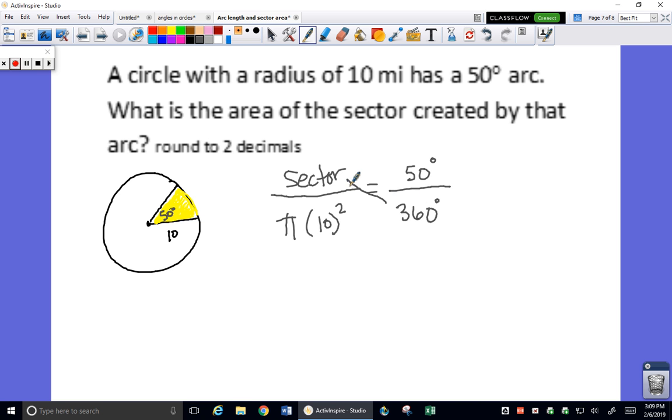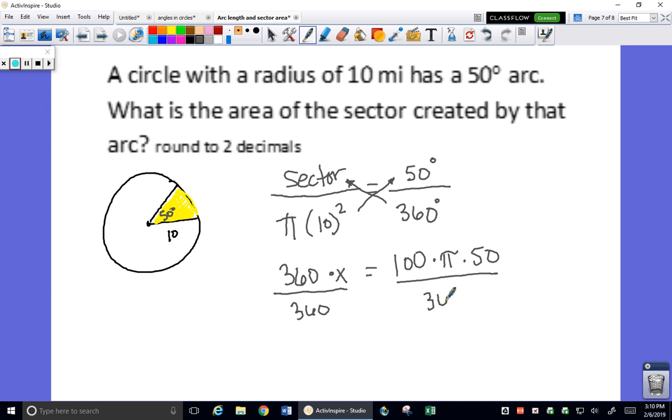Okay, so once again, we cross multiply. 360 times x, your sector area, equals 10 squared times pi times 50. Okay, the angle that we're talking about. So 10 squared became 100, still have my pi, and then still my 50. So I divide everything by 360, and this is all going to go into my calculator all at one time, including the pi.